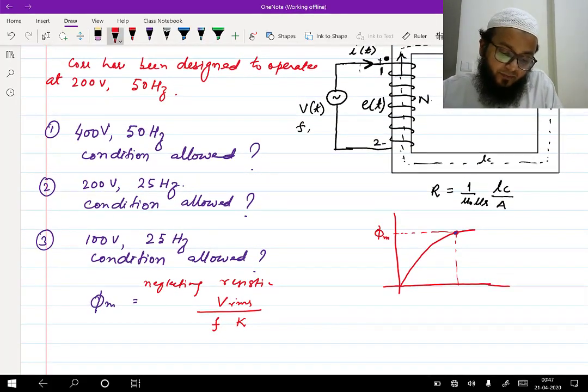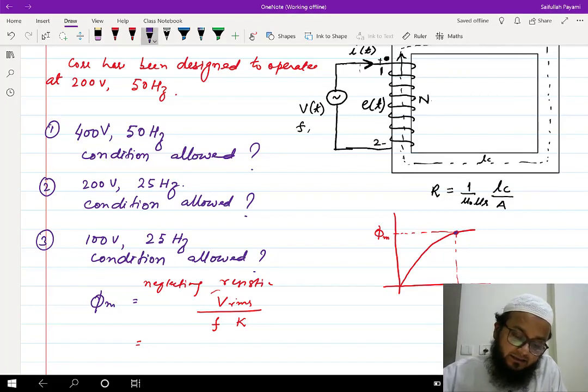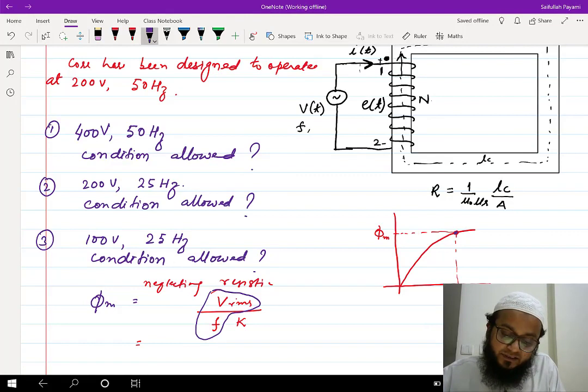So this phi m has been designed for this ratio of V and F, which is 200 by 50.